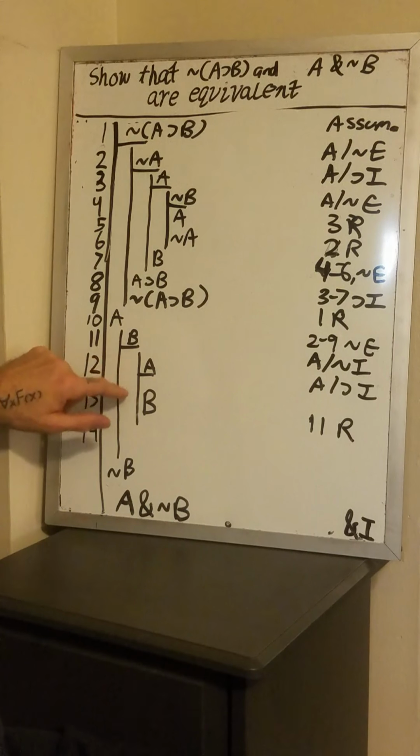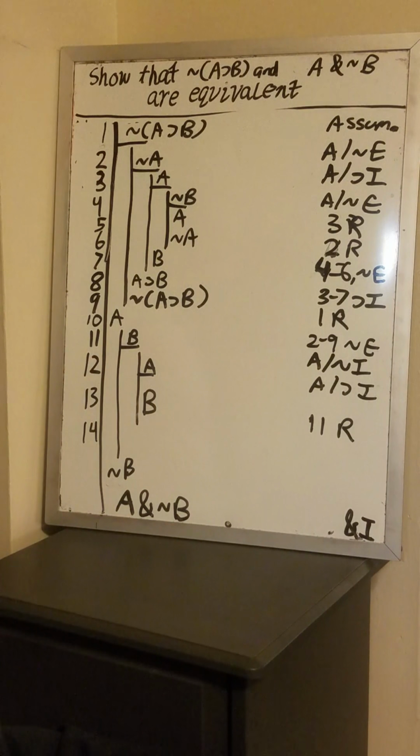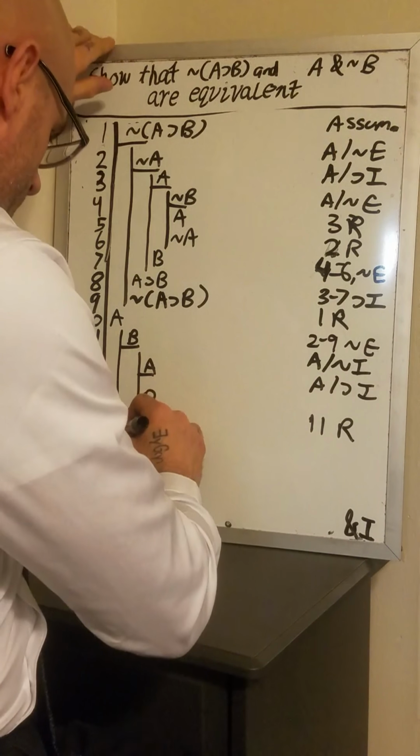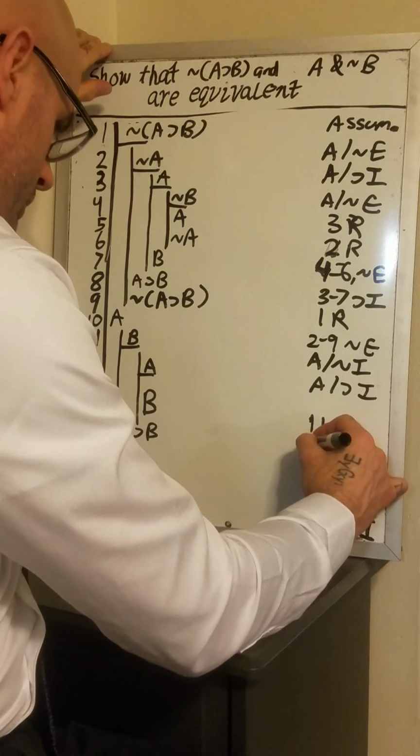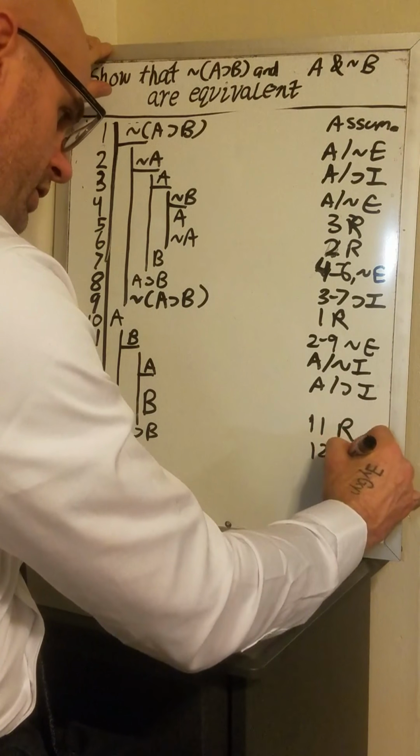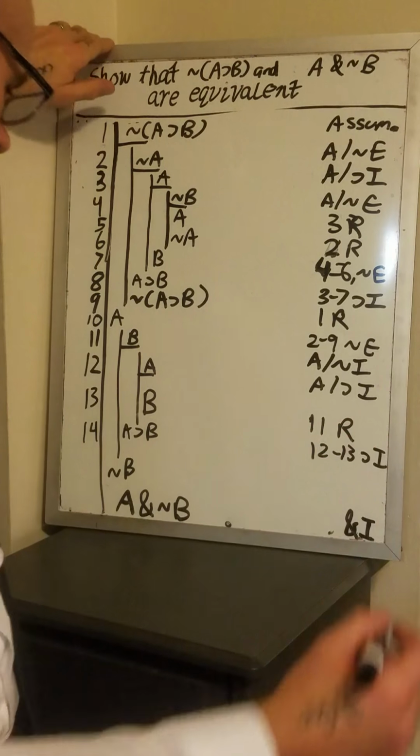So on line 14, we have if A then B, or A therefore B. Line 12 through 13, conditional introduction.